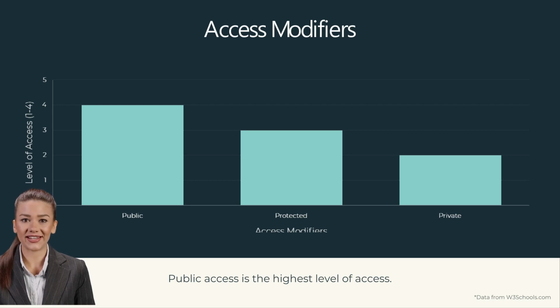The protected access modifier restricts access to class members from outside the class, but allows access from within the class and its subclasses. Protected properties and methods can be accessed and modified within the class and its subclasses. Private. The private access modifier provides the highest level of restriction. Private members can only be accessed and modified within the class that defines them. They are not accessible from outside the class or its subclasses.